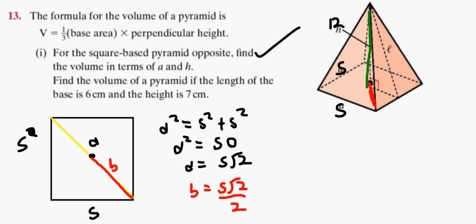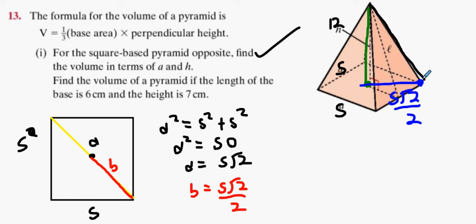Pyramid questions happen a lot, so you'd want to be pretty good at them. That's the green side, that's the blue side, and that's the black side. What's the size of the blue one? 5 root 2. What's the size, therefore, of the black one?